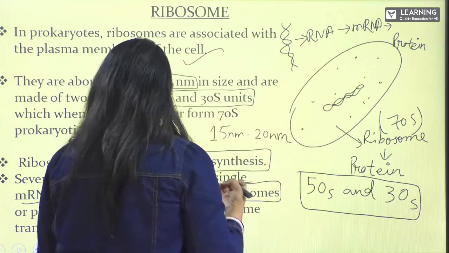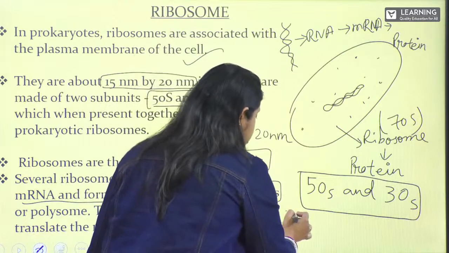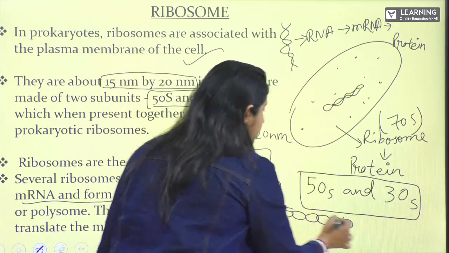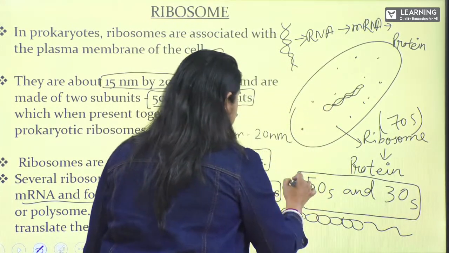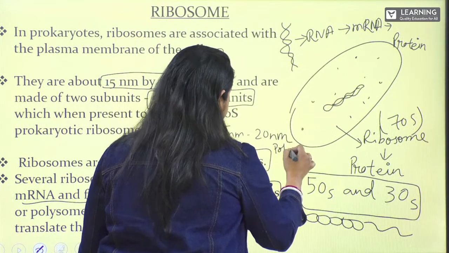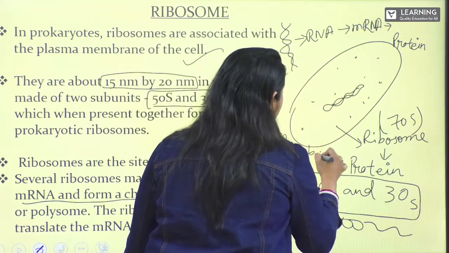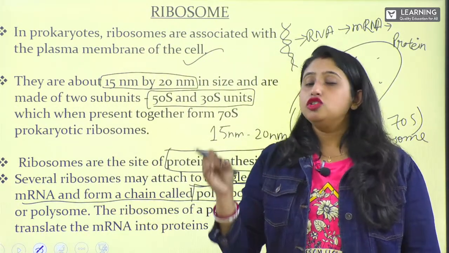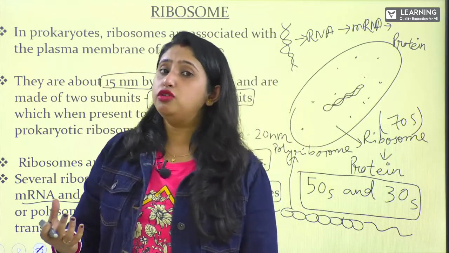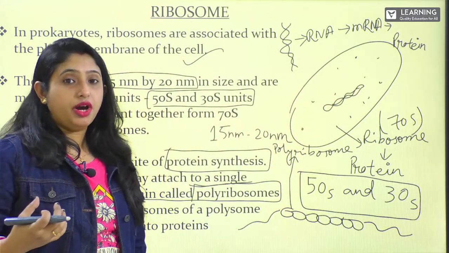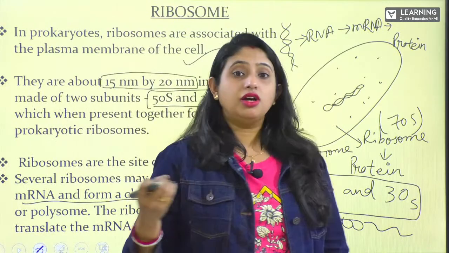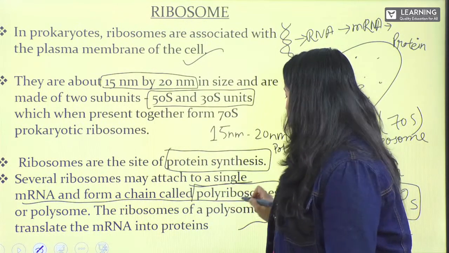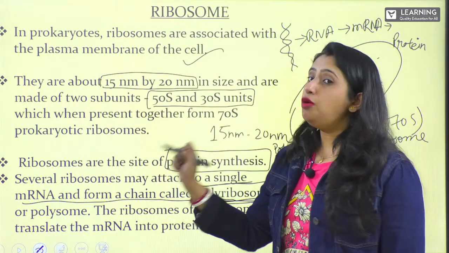When several ribosomes attach to the strand of the mRNA, that is known as polyribosomes, okay? Poly means many, more than two. So when many ribosomes attach to the strand of mRNA, that is known as polyribosome, or polysomes.